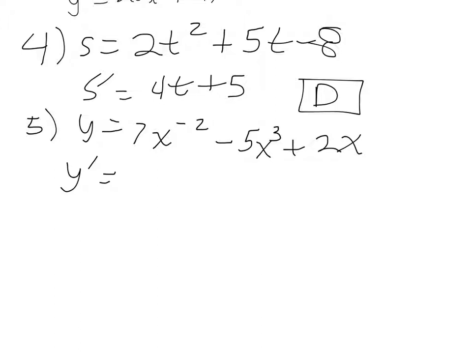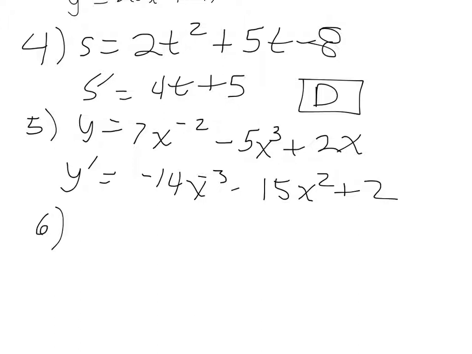Negative 14x to the negative cube minus 15x squared. Very good. And as fast as he said that, I would hope by next week maybe you're that fast. The only reason I'll probably put only 5 questions on the quiz is one will be a quotient rule, and those just take a little while.